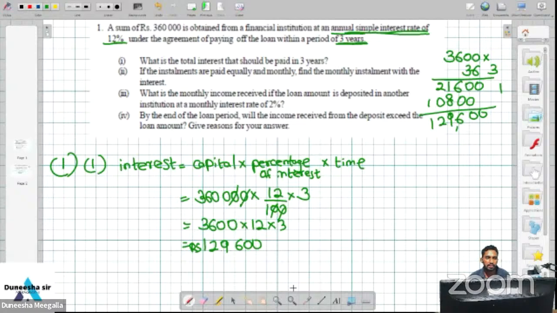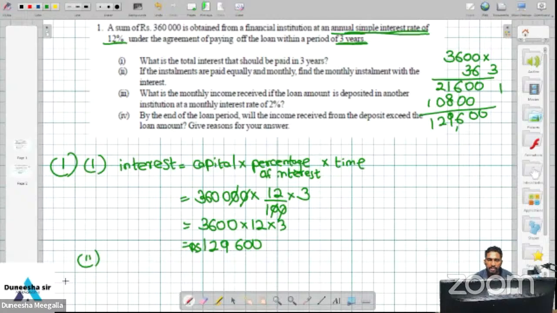Okay, the second one asks: if the installments are paid equally and monthly, find the monthly installment with the interest. Okay, then මොකද්ද කියන්නේ මේකේ? මෙයා දැන් interest එකයි අපේ loan amount එක ගෙවනවා, ඒ කියන්නේ loan එක ගෙවනවා installment විදිහට.